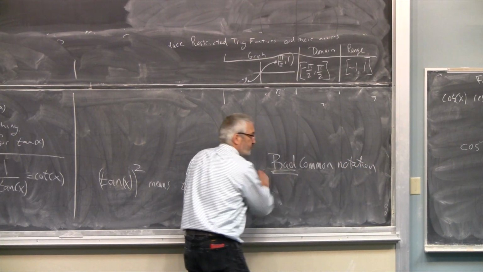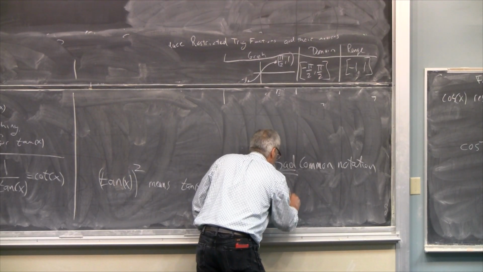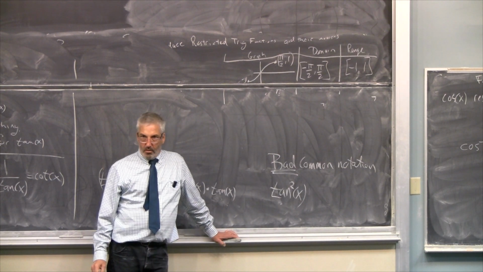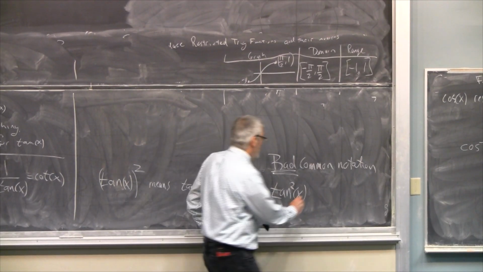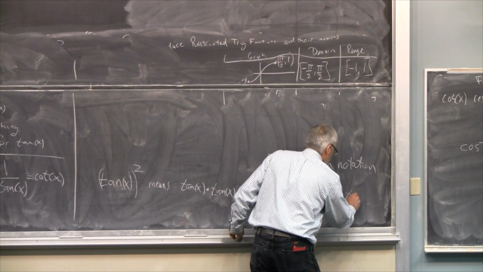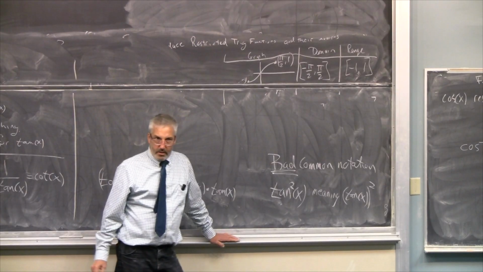Here's some really bad common notation. That, or sine squared x, or cosine squared x, to mean tangent of x squared.